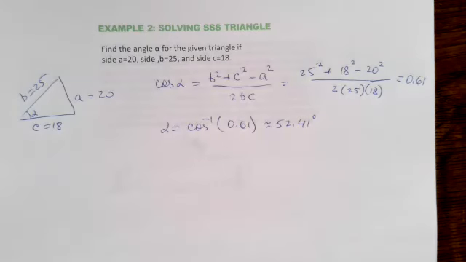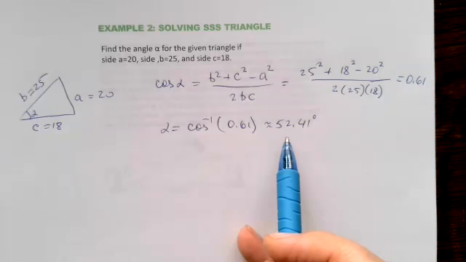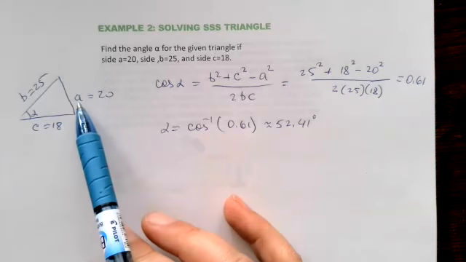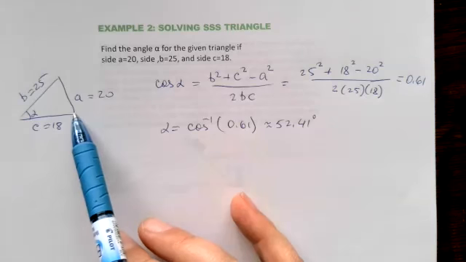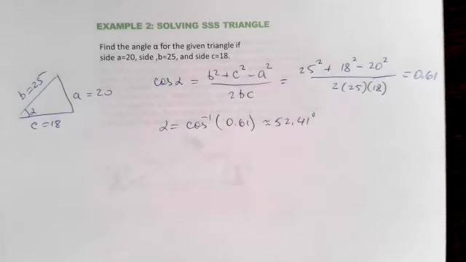So this is how you find angle alpha. You could find all the rest of the angles, gamma and beta, in the same manner if need be, if you have to solve the entire triangle.